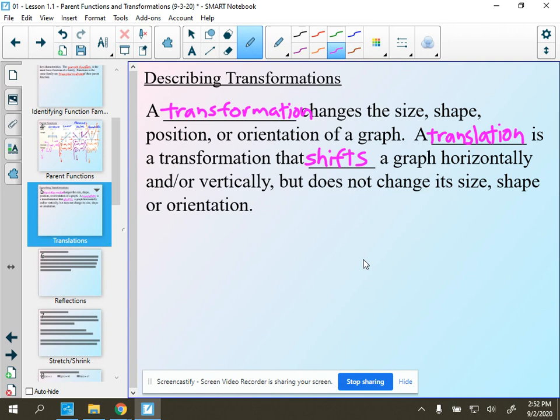But it doesn't change the size, shape, or orientation. It keeps it in its original form. We'll revisit what this looks like in a little bit, but right now we're just making the connection. Translation means shift.